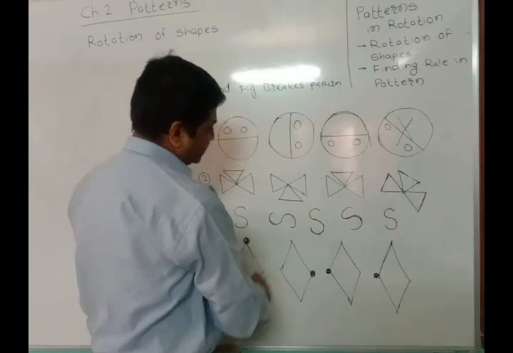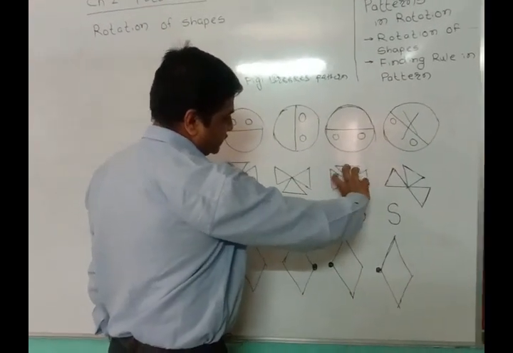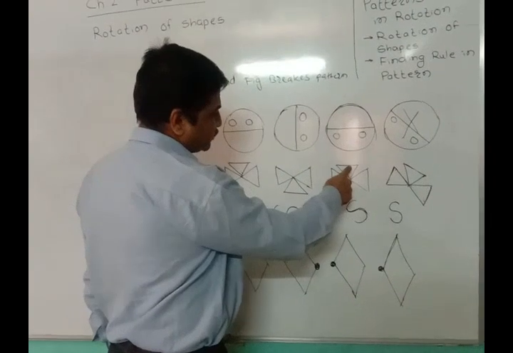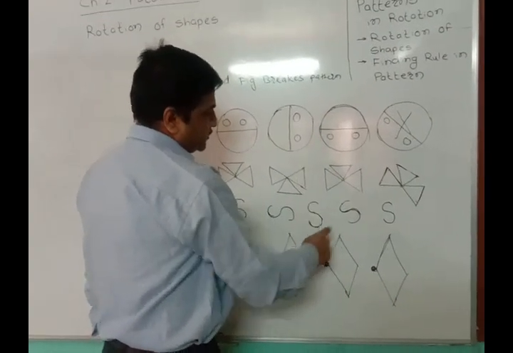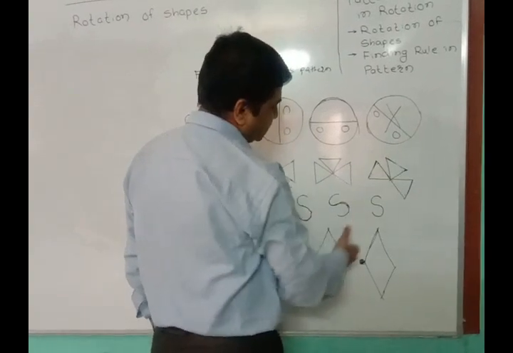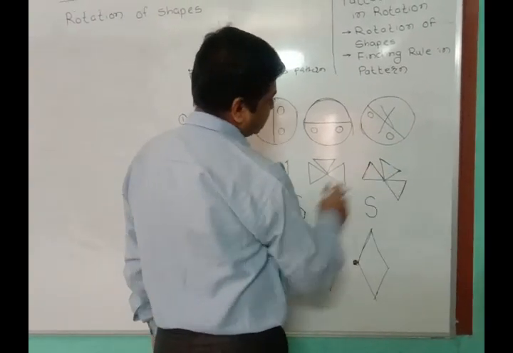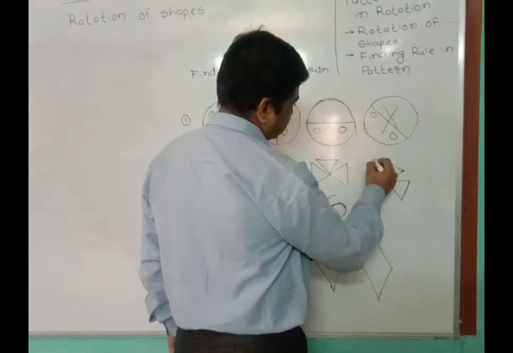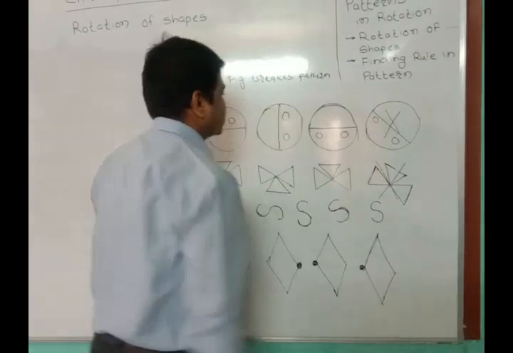So the next figure will be rotated through 180 degrees, in which the triangle will be down. But in the next figure, the triangle is on the cross side of another triangle. So the pattern breaking figure is this.